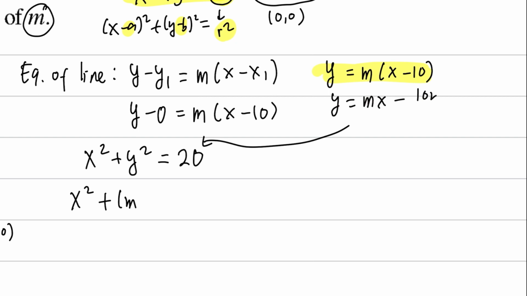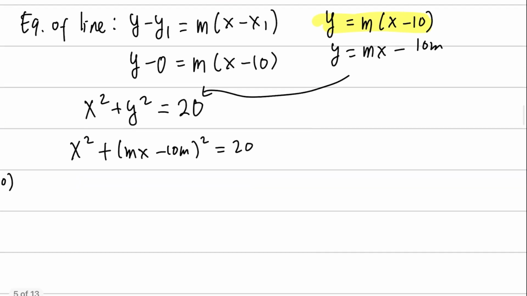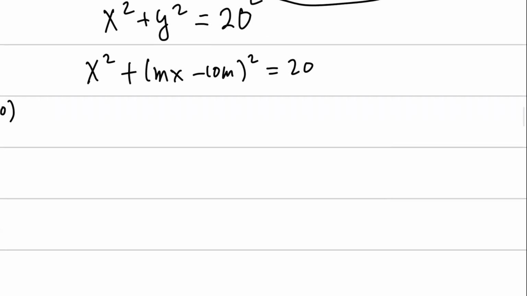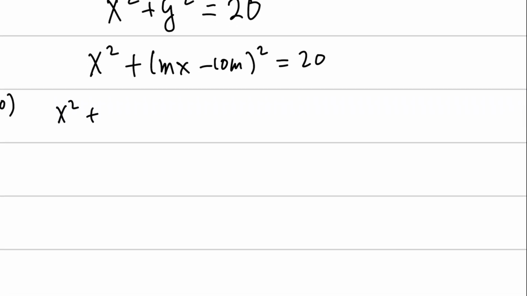So this becomes (mx minus 10m) squared equals 20. Now we just need to expand: x squared plus m squared x squared minus 2 times this times this. We will get 20m squared x plus, we square this, you will get 100m squared equals 20.